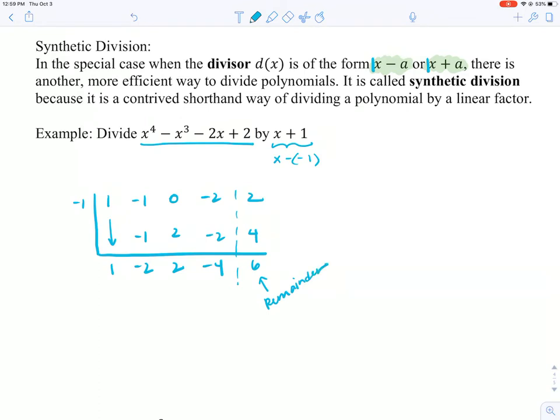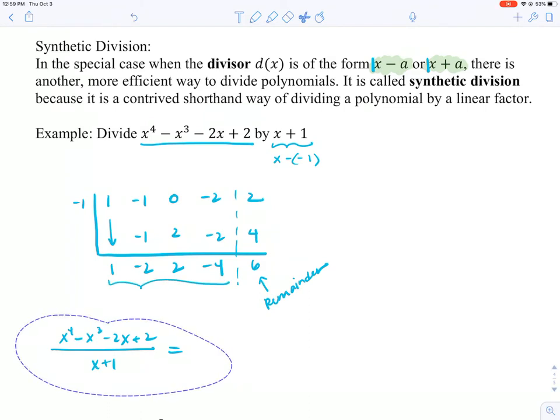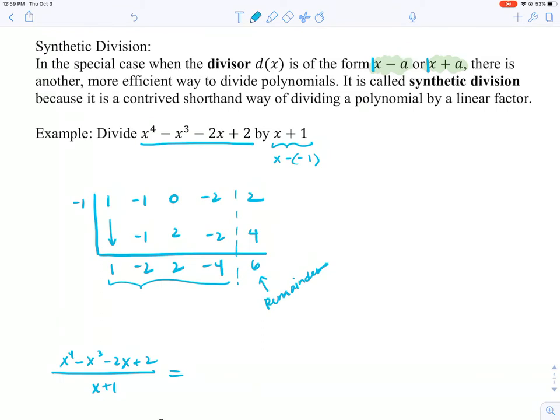Okay. So what this says is that x to the 4th minus x cubed minus 2x plus 2 divided by x plus 1 is equal to, okay, these are just the coefficients now of the quotient. So that is x cubed minus 2x squared plus 2x minus 4.